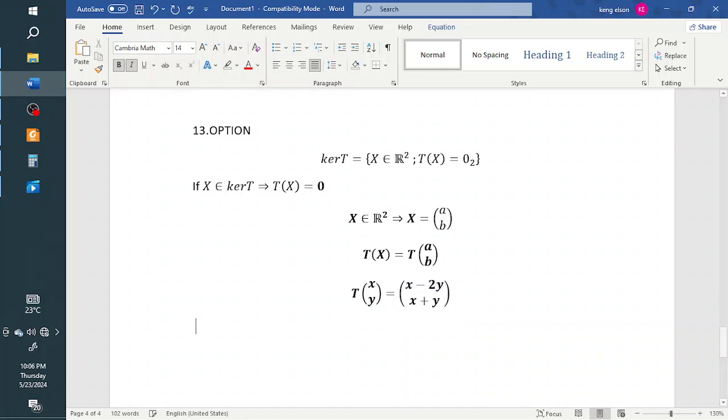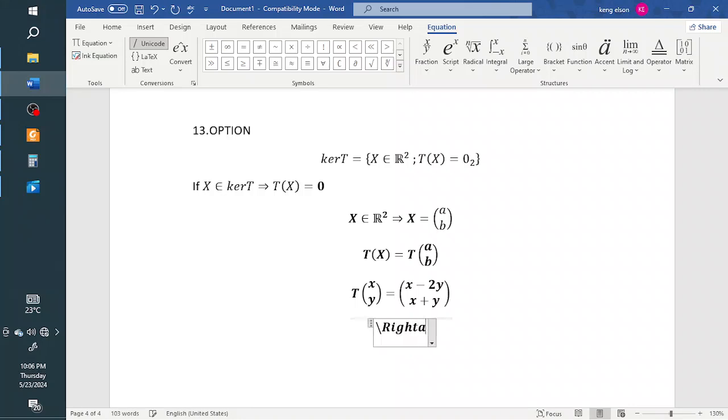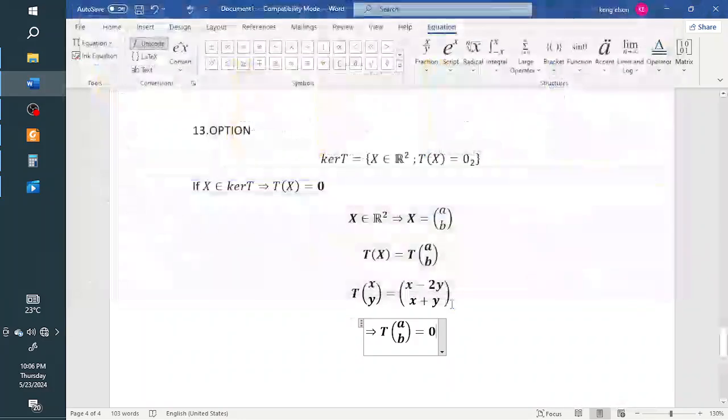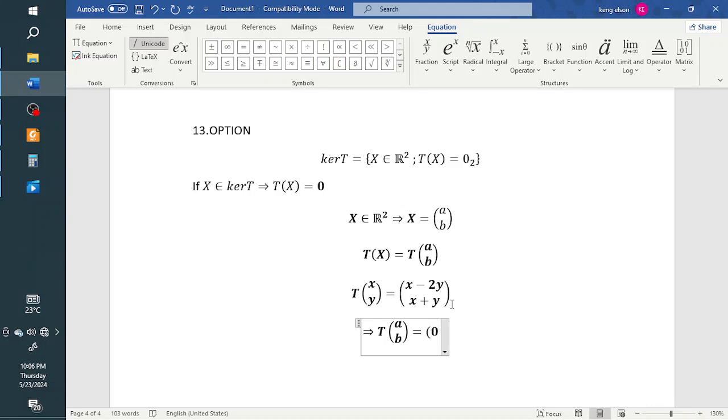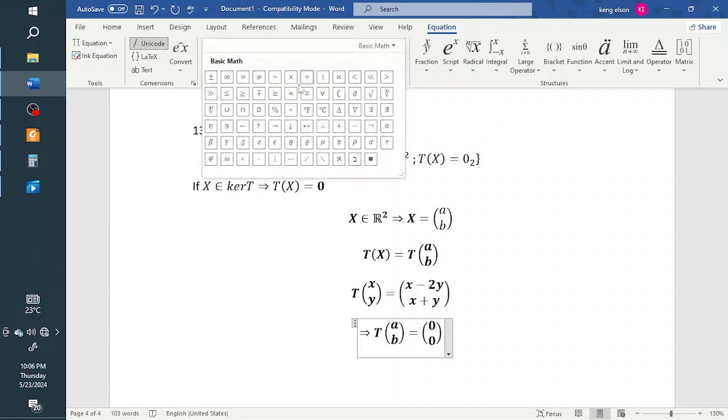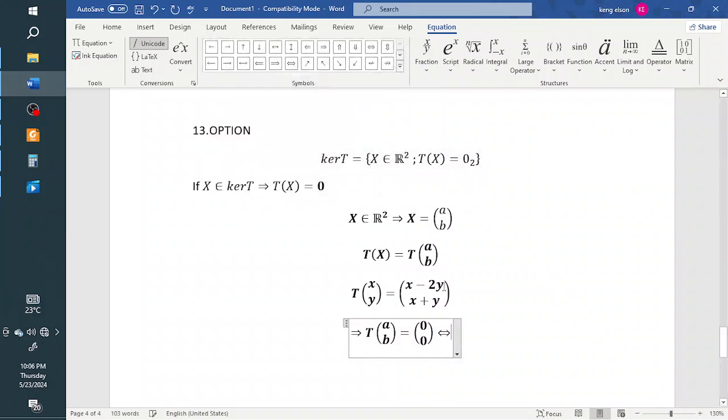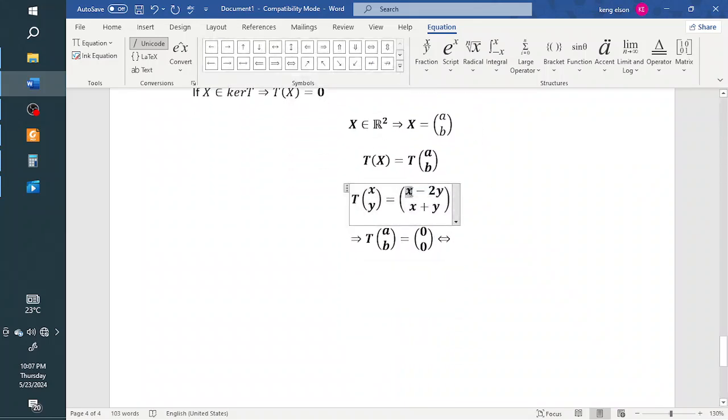So this means that T of (a, b) is equal to the 0 vector if and only if I replace x with a and y with b.